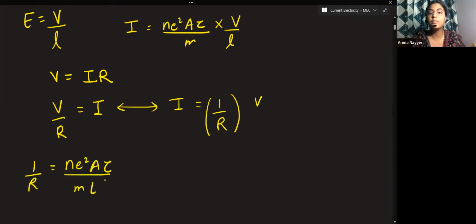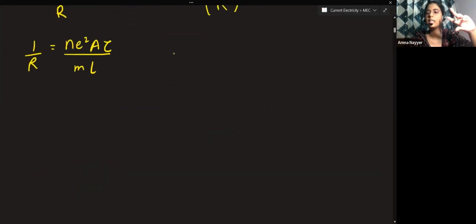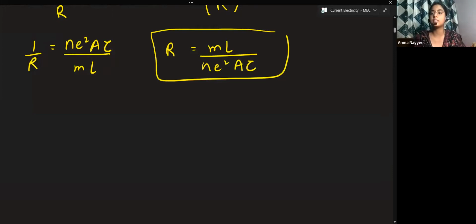So I have the value of resistance now. If I take the reciprocal of both the LHS and RHS, resistance will be mL divided by N e squared A τ. This is the actual formula of resistance.